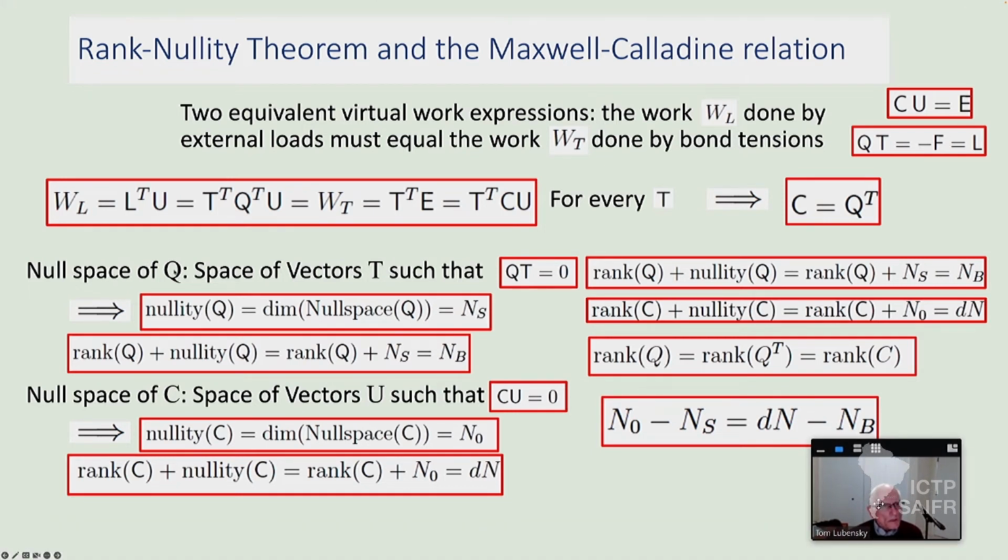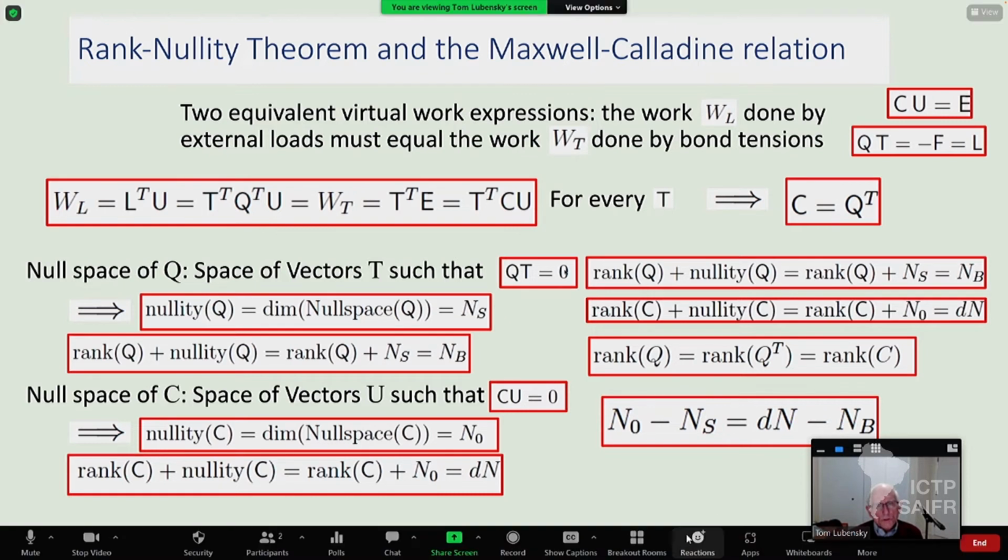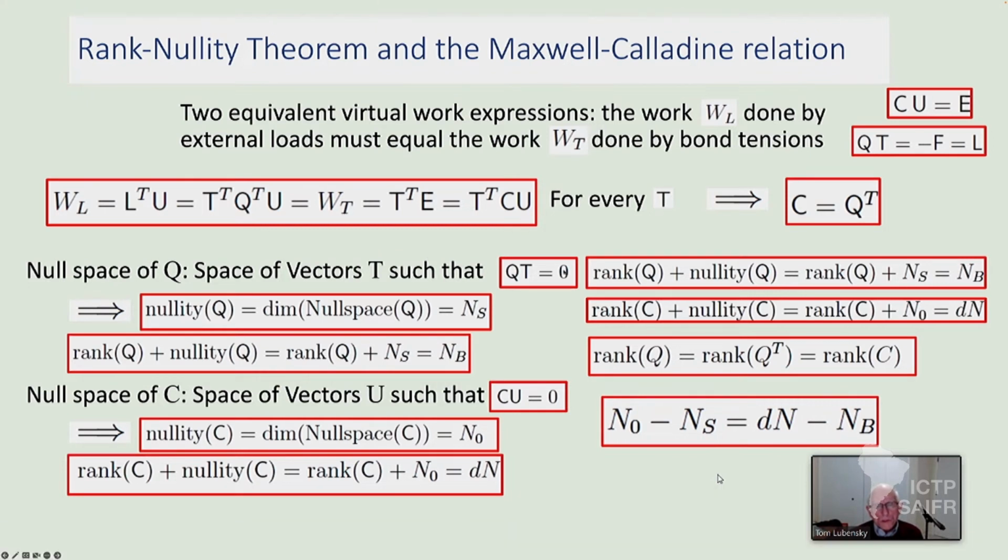So the null space of Q is the space of vectors T such that QT equals 0. And you can see why that is. QT is equal to L, and if there are no forces on it, then T is an acceptable set of tensions, which appears in the states of self-stress. We can apply tensions with no force.